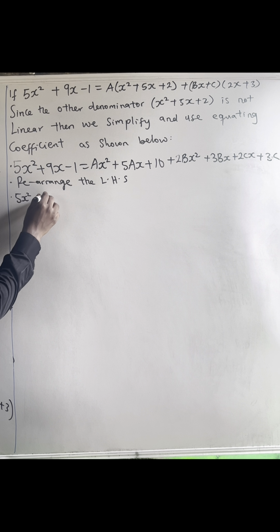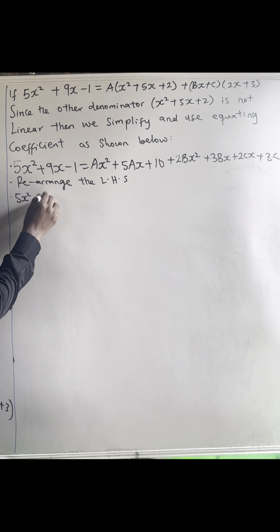This will be ax squared plus 2bx squared. This is x, this is x, this is x. Bring the x together, plus 5ax plus 3bx plus 2cx. And this is 10, plus 10 plus 3c. So I have rearranged and brought the like powers together.